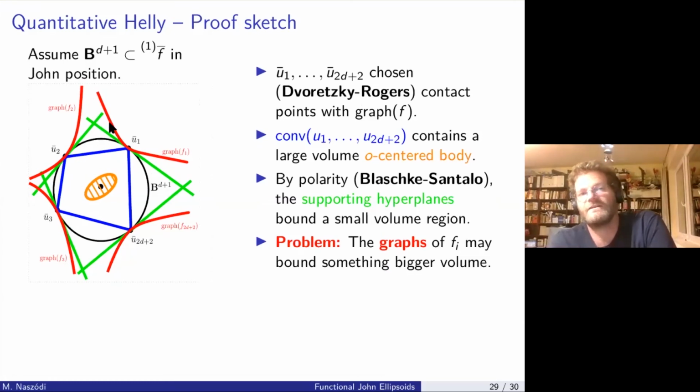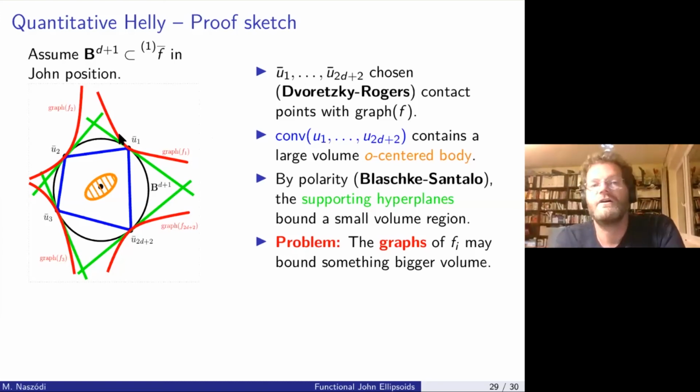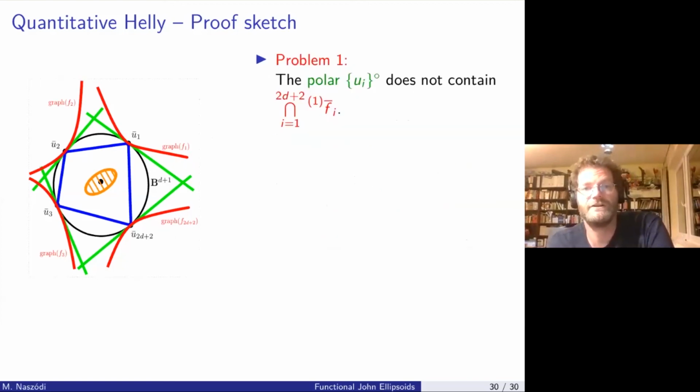You can see that these are just log-concave functions, they are not concave functions. So they may go above these hyperplanes, like on the figure. This is what we have to deal with.